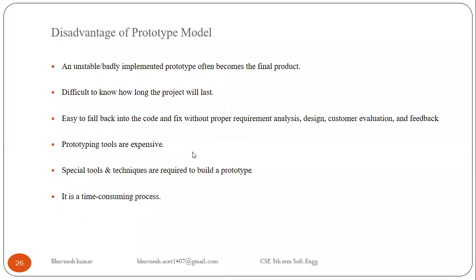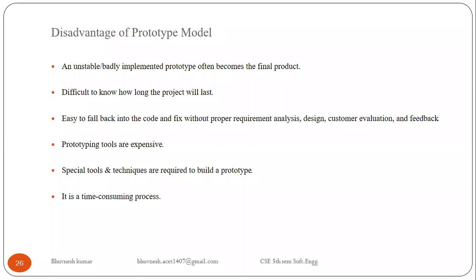The disadvantage of the prototype model is that it is unstable; a badly implemented prototype often becomes the final product. The product is unstable because continuous change from the customer makes it unstable. It is difficult to know how long the project will last.